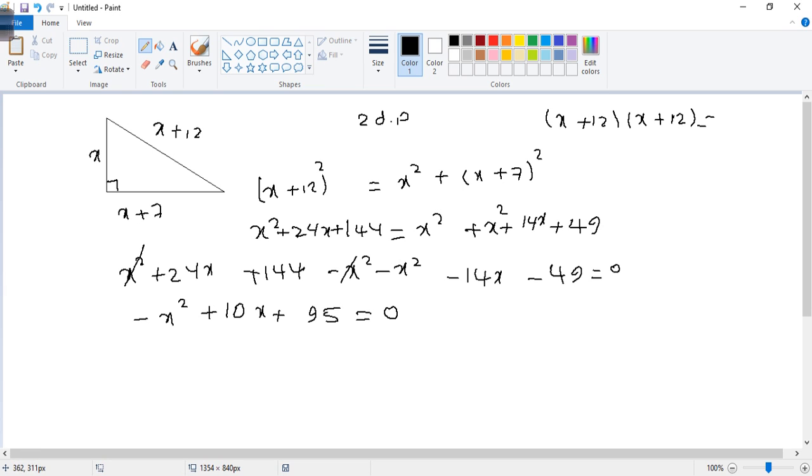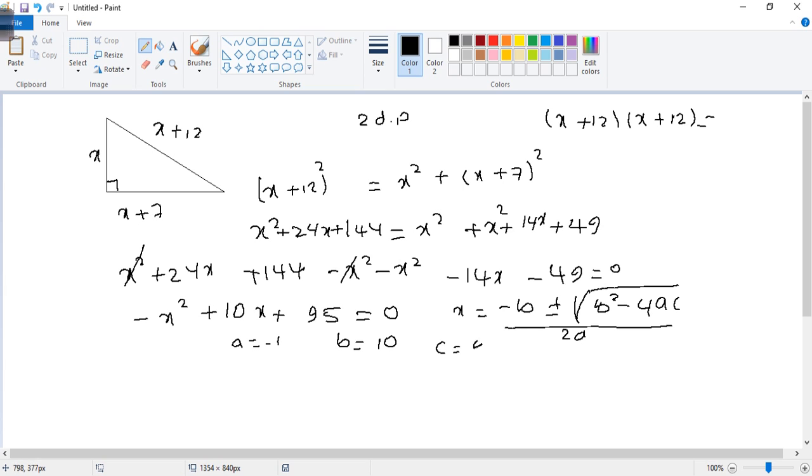Okay, now we can work it out with the formula. The formula: x equals minus b plus minus square root of b squared minus 4ac divided by 2a. So a equals minus 1, b is equal to 10, and c is equal to 95.